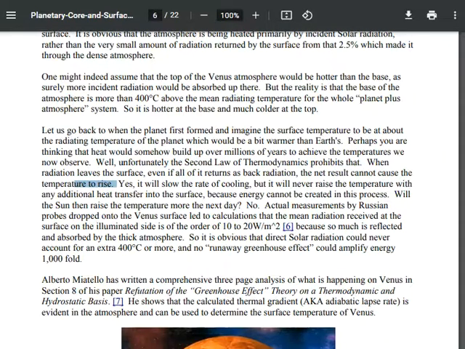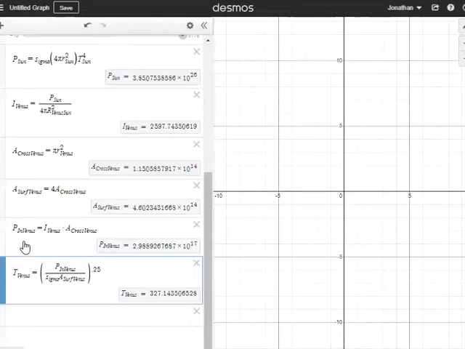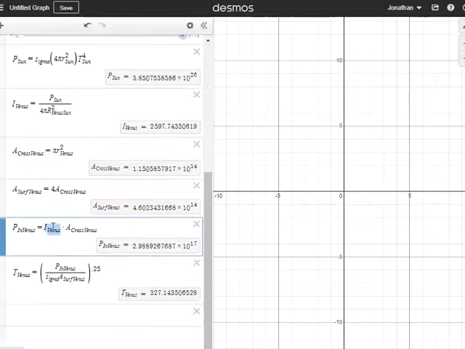Okay, let's talk about what would happen if we had all of the radiation turned back. Earlier I calculated the power into Venus, which is equal to the incident intensity of 2,597.7 watts per square meter times the cross-sectional area of Venus, which was 1.15 times 10 to the 14th square meters.